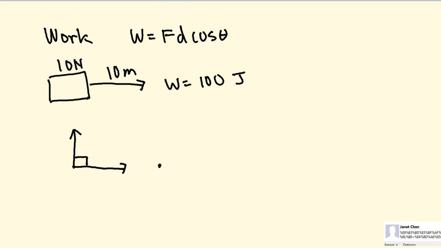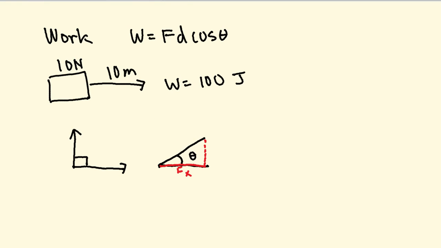But what happens when the displacement and the force have an angle between them that is less than 90? Then only the x component of the force will be counted towards work, which will be this red line right here.